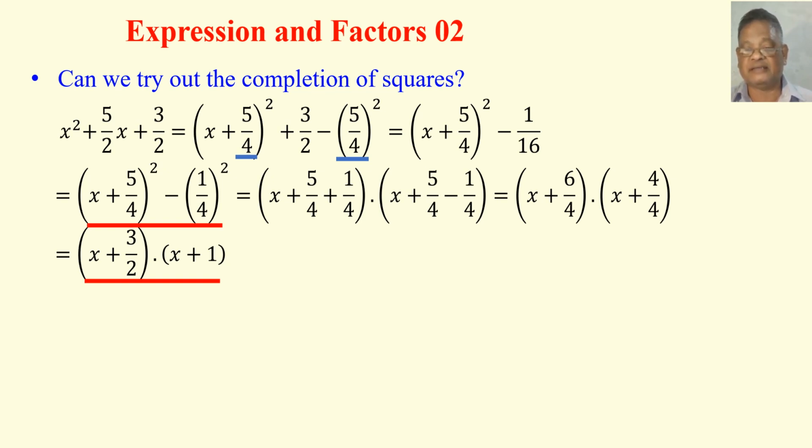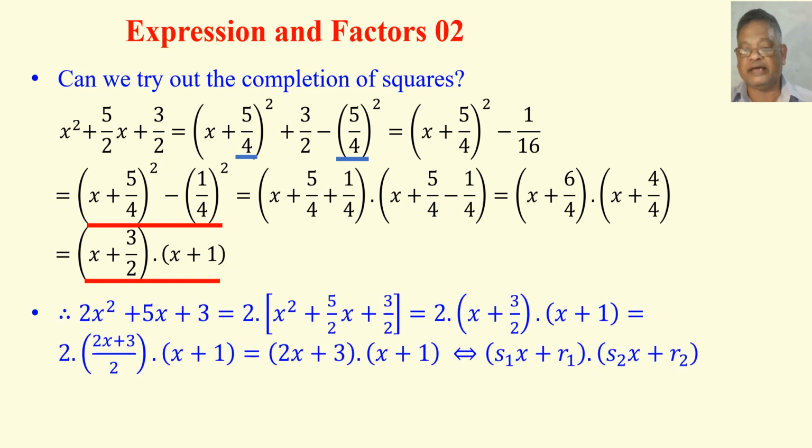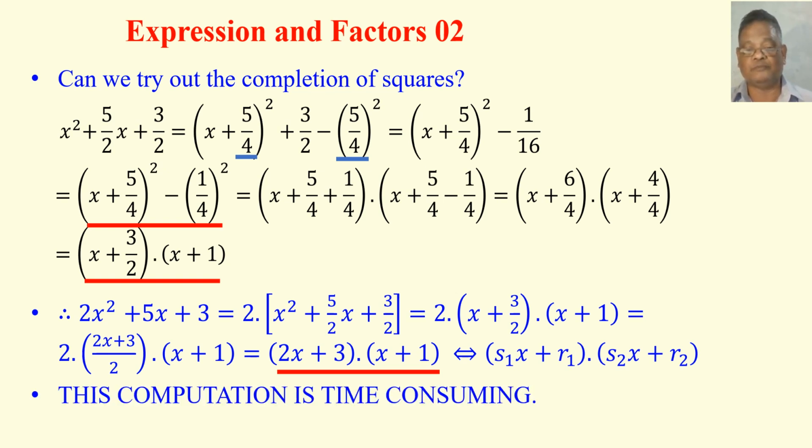Hence the factorization of 2x squared plus 5x plus 3 is derived as 2x plus 3 into x plus 1, which is in the form of s1x plus r1 into s2x plus r2. This computation is time consuming.